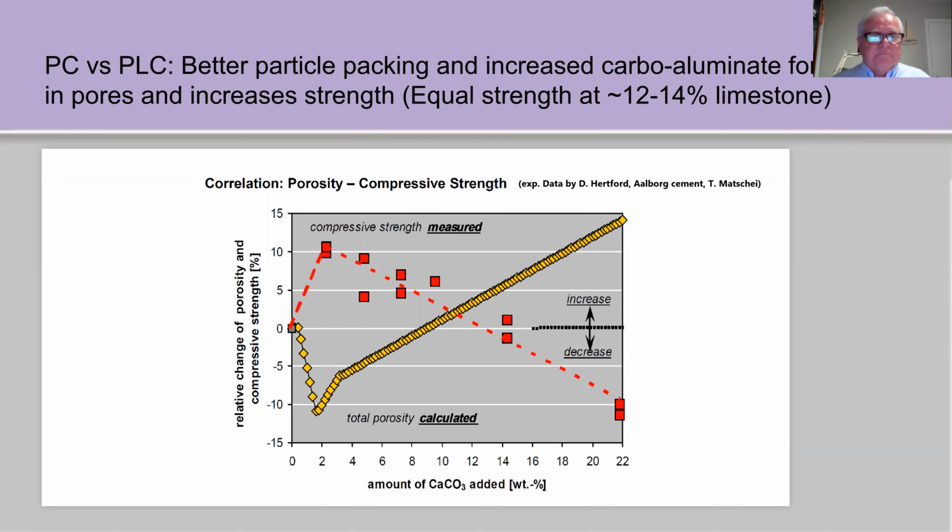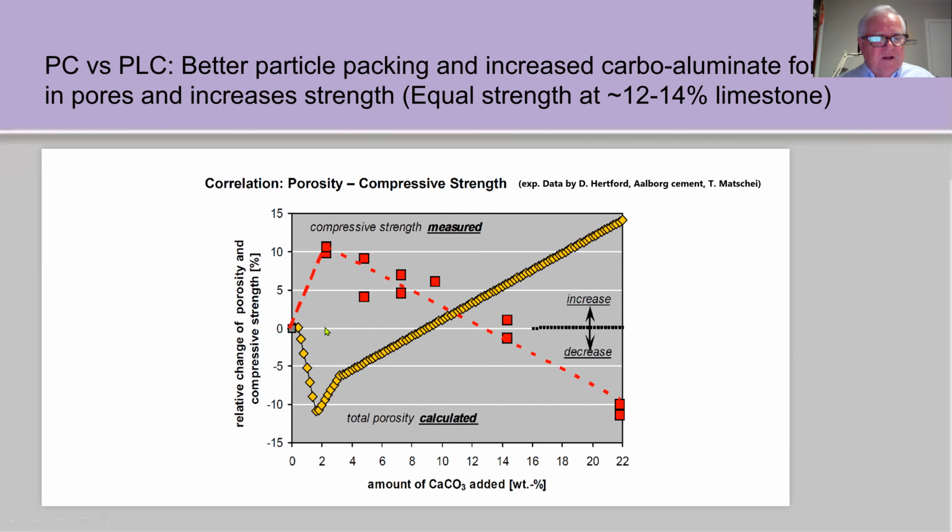Now this graph was developed by Thomas Matschei and Duncan Herfort some years ago. It shows change in strength in red, based on mortar cubes, and in calculated porosity in the orange diamonds. The starting point is 0, so at 0% limestone, we're starting at 0 change in performance.